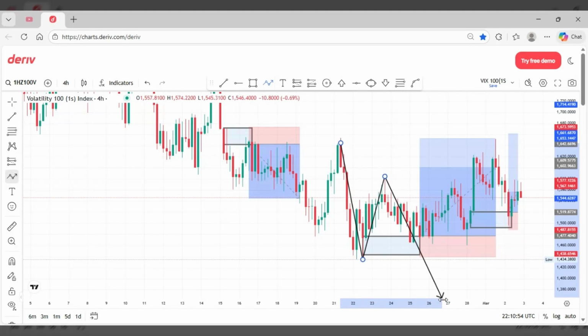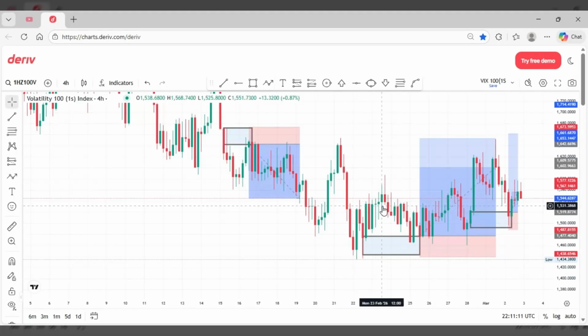So that is why you wait for the market structure to shift to the upside, to say, okay, I don't want to sell for now. Not that I'm not gonna sell, but for now I want to go up a little bit. Maybe later I will sell.